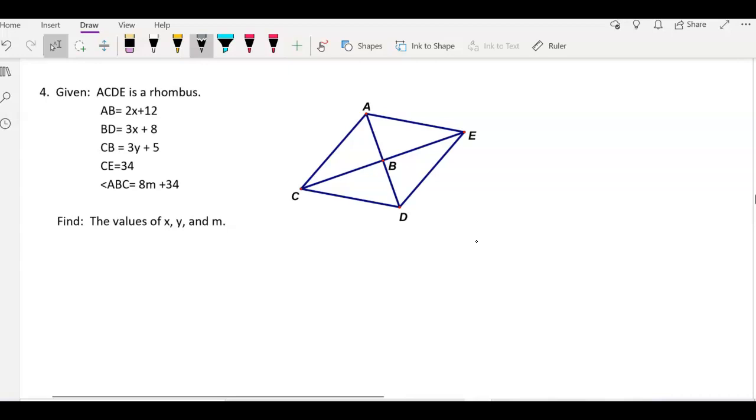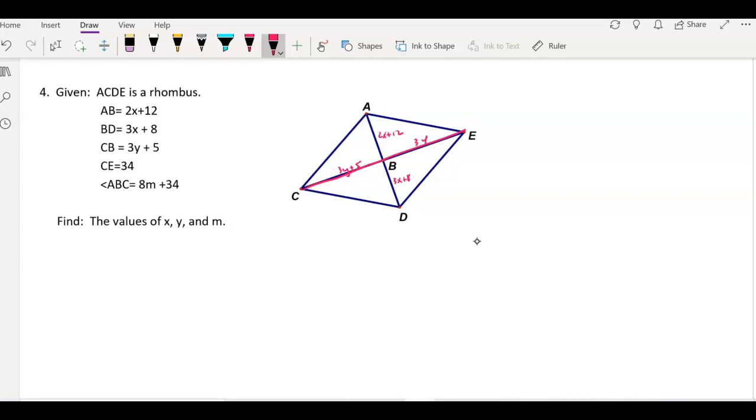ACDE is a rhombus. Now they're telling you AB is 2x plus 12, BD is 3x plus 8, CB is 3y plus 5, and CE, this whole segment, is 34.